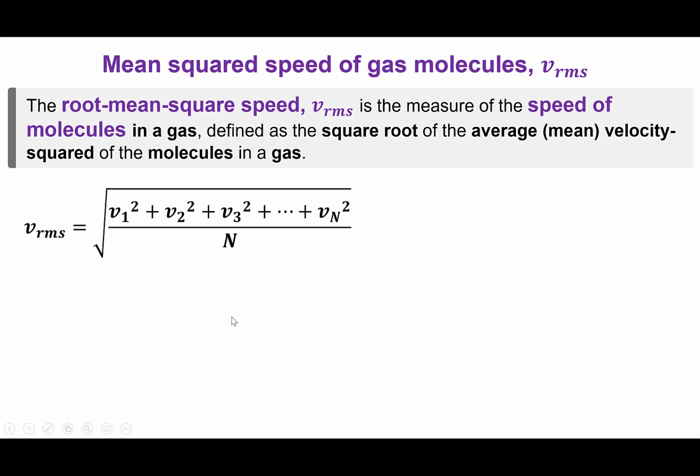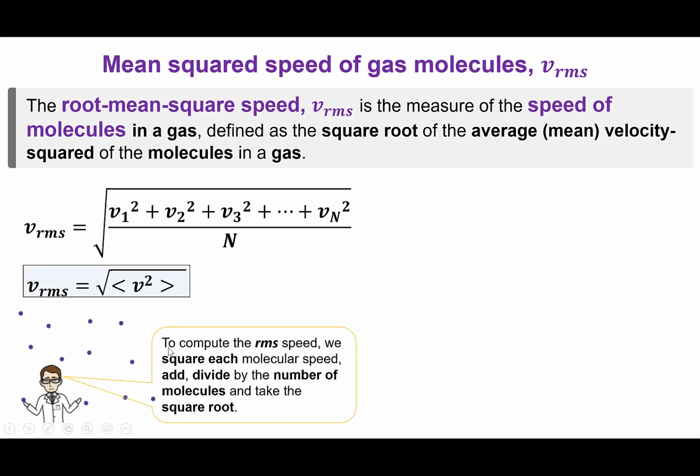Vrms is equal to the square root of (V1 squared plus V2 squared plus V3 squared plus ... Vn squared) over n. To compute the RMS speed, we square each molecular speed, add and divide by the number of molecules, and take the square root. Here is the calculation of the root mean square speed.